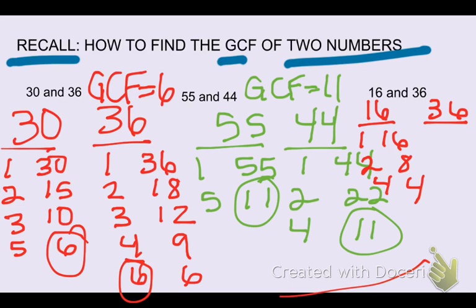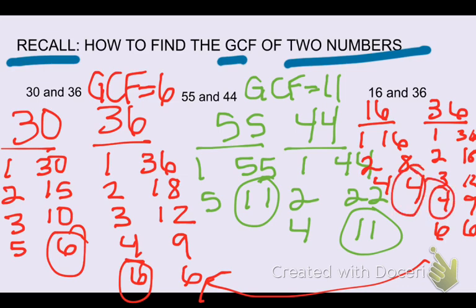We have them listed over on this side, but I'm going to relist them. 1 multiplied by 36. 2 multiplied by 18. 3 multiplied by 12. 4 multiplied by 9, and 6 multiplied by 6. So we can say that the GCF here is 4. GCF equals 4. So we remember how to find the GCF of two given numbers.